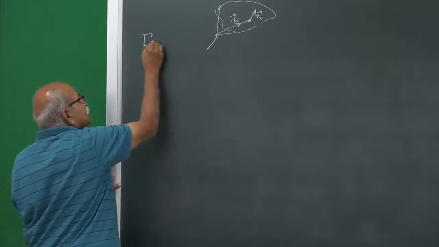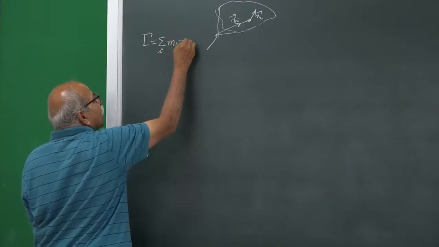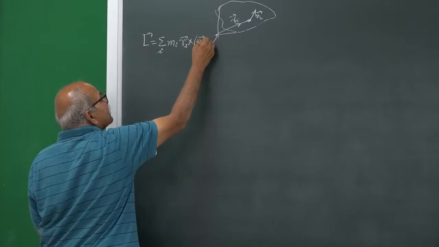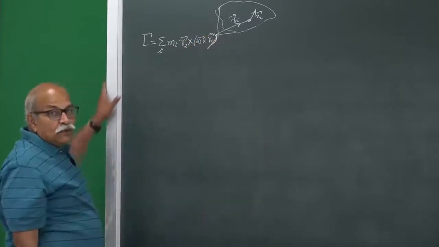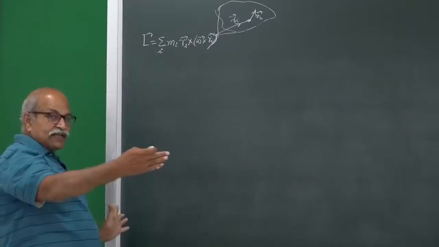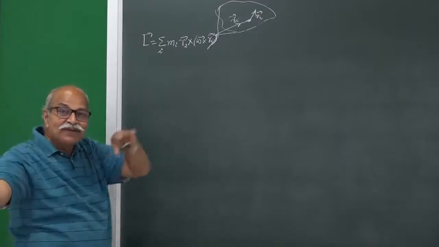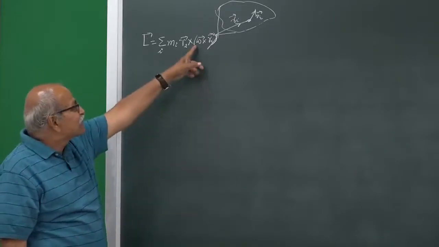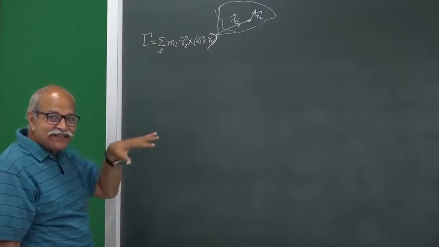So, angular momentum will be summation over i of m_i r_i cross v_i, and v_i is omega cross r_i. Velocity is omega cross r, we are talking of that rotation part only. Any general motion can be decomposed in two parts, translation and rotation, and rotation will have the same omega, while translation velocity will depend on which point you have chosen for that reference.